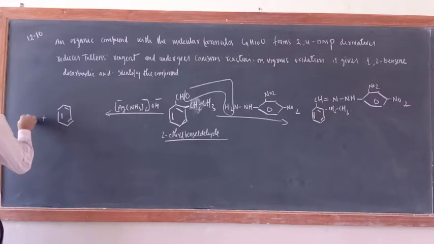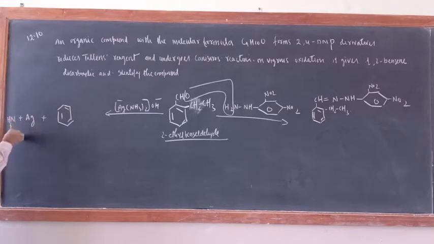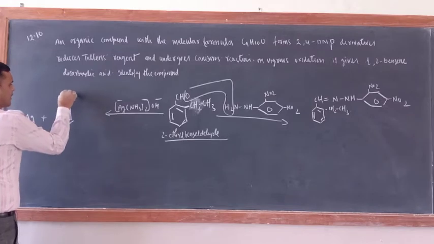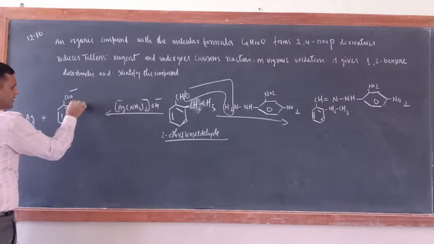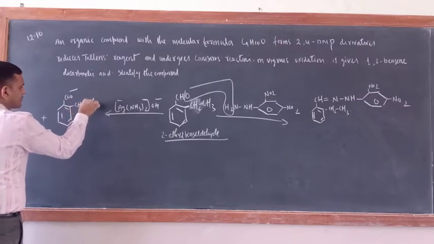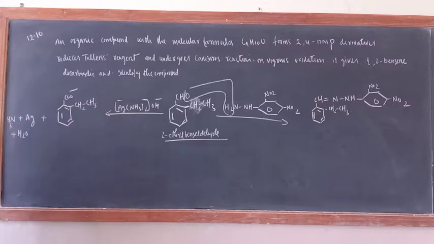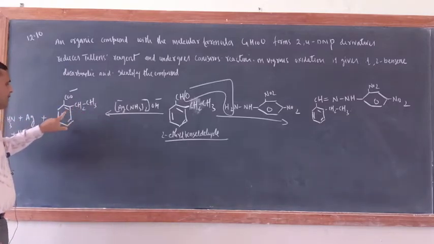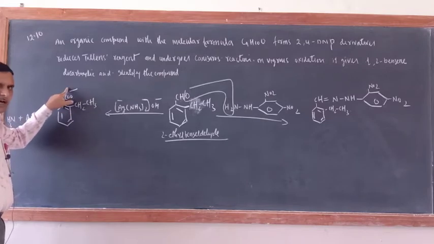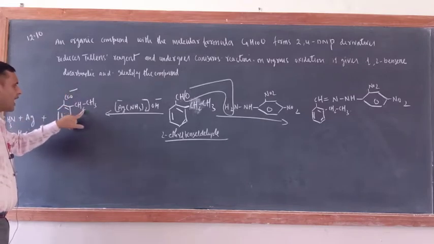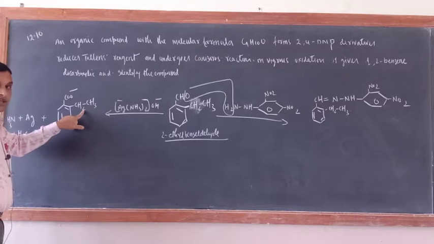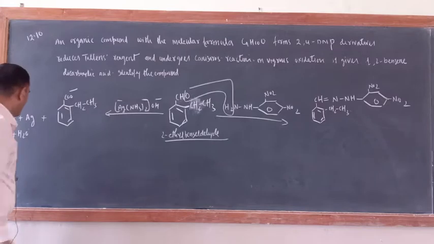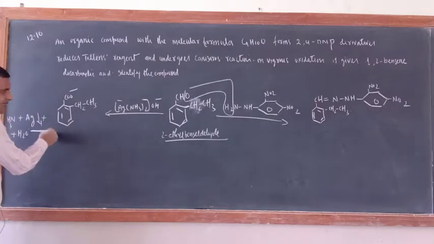Silver, which is the silver mirror, then NH3 and H2O. The CHO group will be converted into a carboxylate ion, with CH2CH3 as such. What is the name of this one? Ethyl benzene carboxylate anion, or ethyl benzoate anion. And this is the silver mirror.